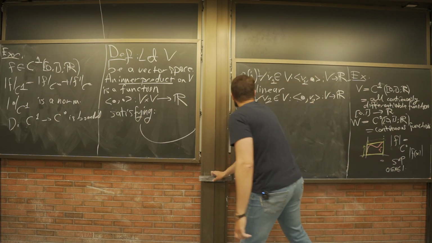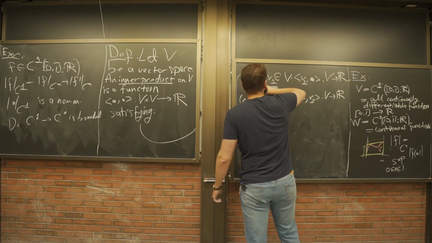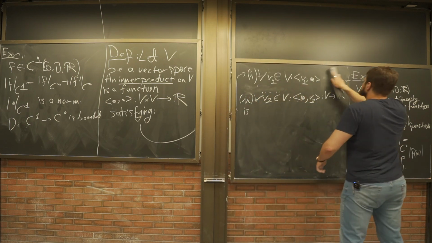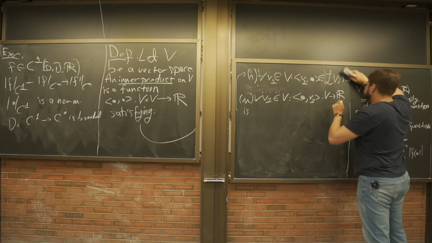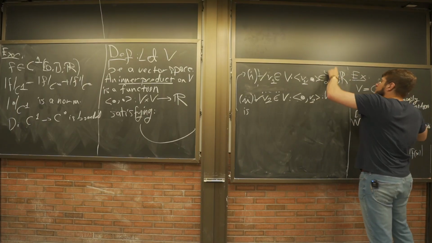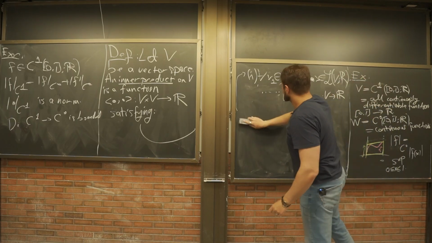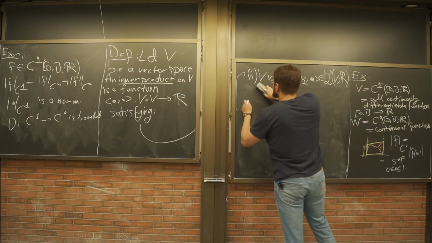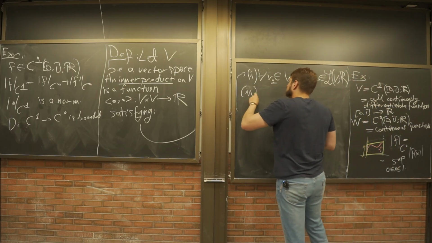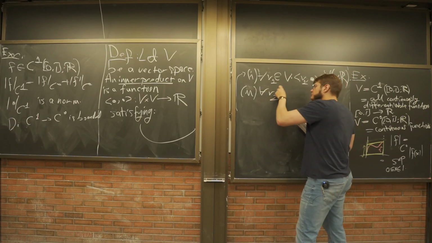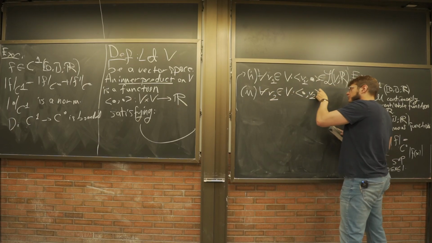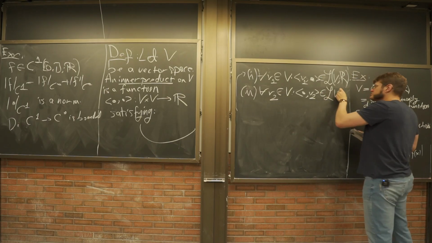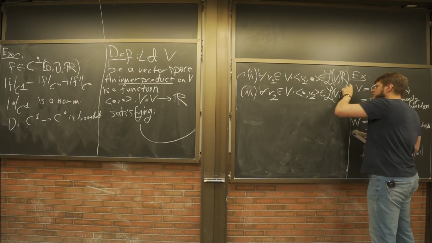Let me abbreviate this a little bit. So I want this function to be an element of the space of linear transformations from V to R, and again, for any v2, I want this to be a linear transformation from V to R.